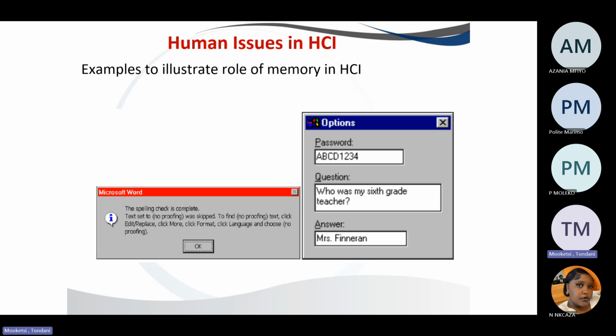In this case, the question is, who was my sixth grade teacher? The user would know the answer. That answer is an example of knowledge in the head, because it is something the user can easily remember without having to think very hard.